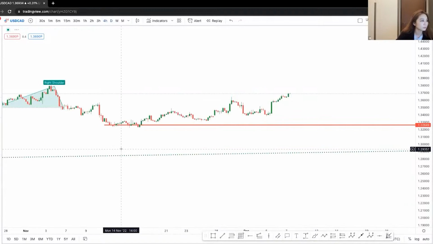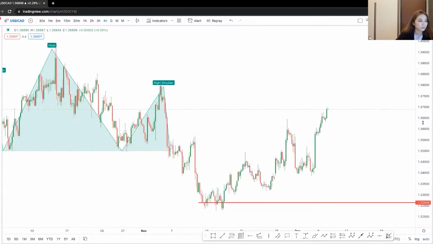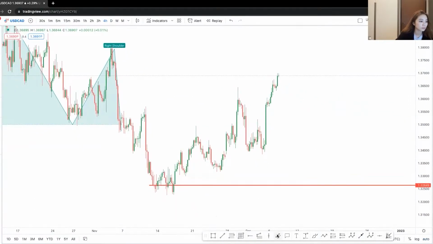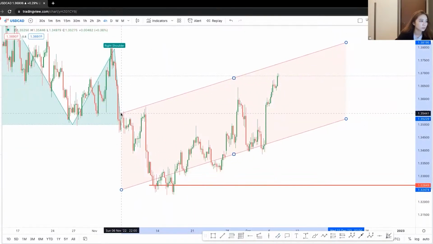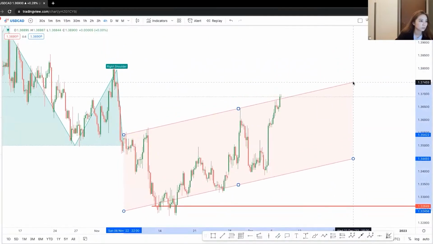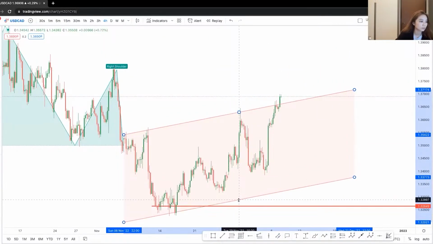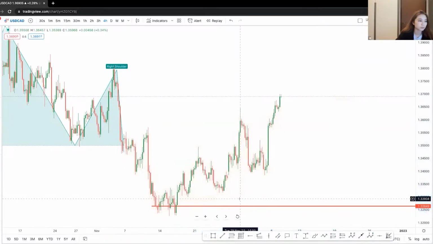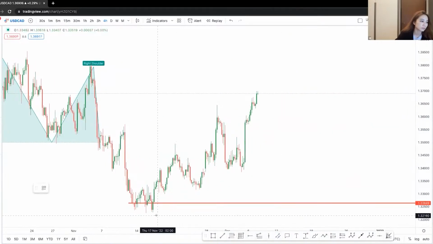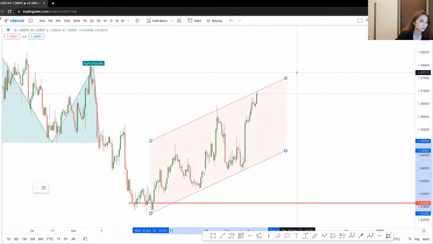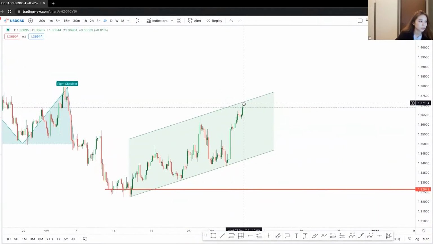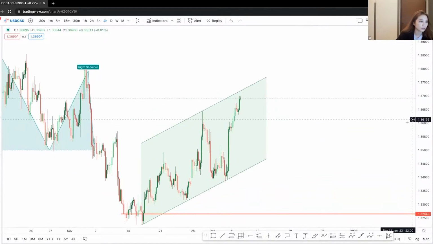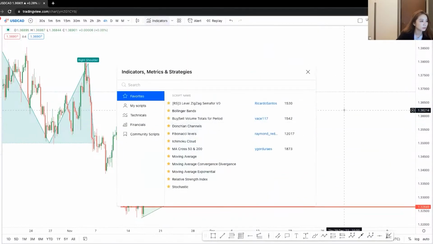Look at H4. There's an upward moving channel. There's a chance that it would have dropped down with the exhaustion of the stochastics as well.